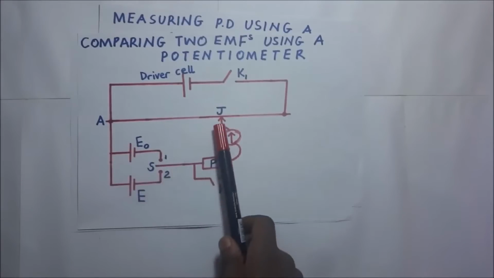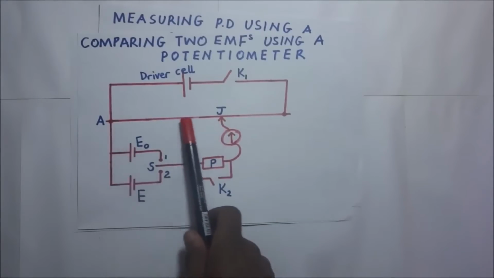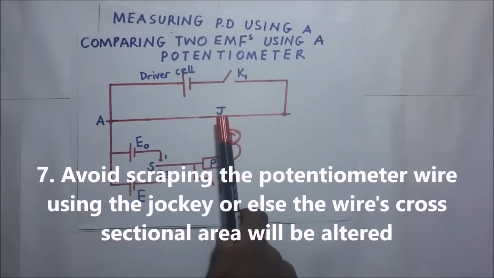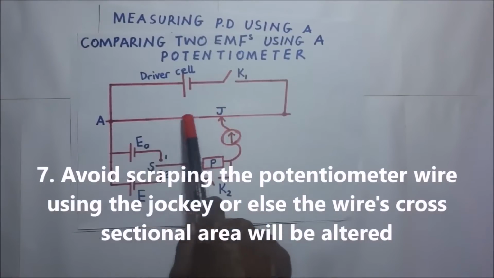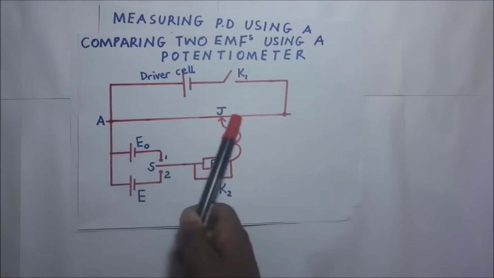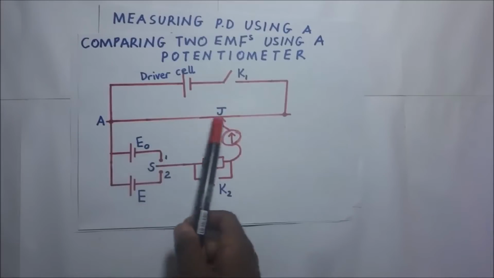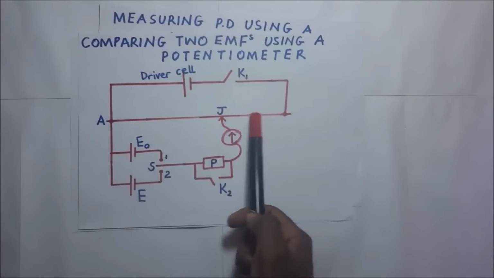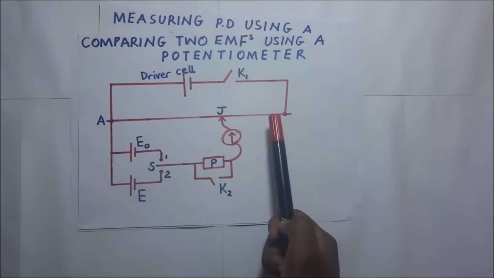And also, as you're trying to slide this jockey along the wire, avoid sliding it while the jockey is in contact with the wire, because you will end up scraping off part of this wire. And when you scrape off part of that wire, it means you're going to make this slide wire non-uniform.